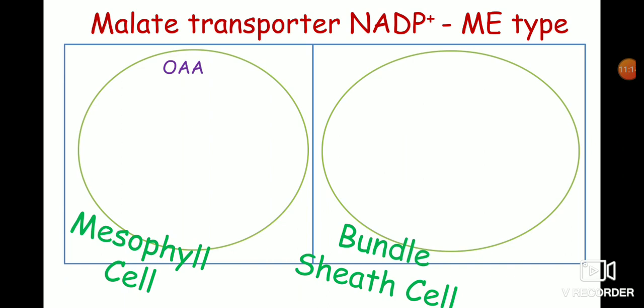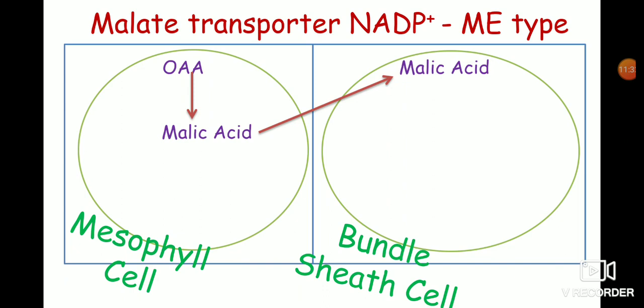Here the oxaloacetic acid is formed, which is reduced to malic acid by NADPH2 in the presence of the enzyme NADP malate dehydrogenase in the mesophyll cell. And the malic acid then moves to the bundle sheath chloroplast where it undergoes oxidative decarboxylation to form carbon dioxide and pyruvic acid.